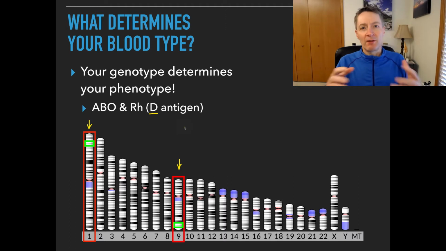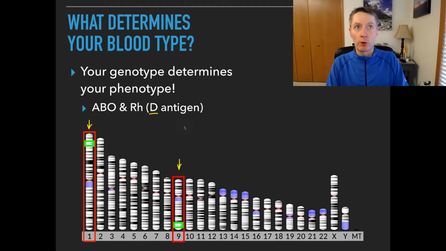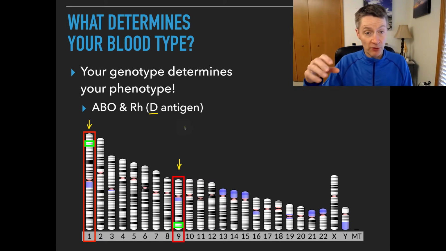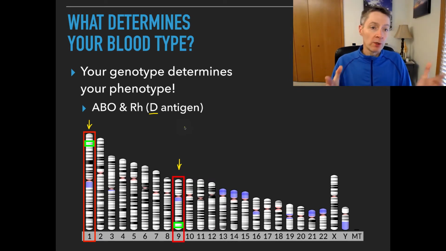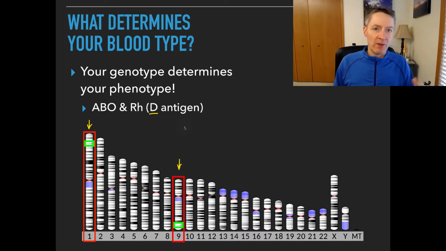You could answer this question in two ways. You could say it's the genes that are coding for these surface markers, these antigens that exist on the surface of red blood cells. Or you could just say it's the antigens on the red blood cells that determine your blood type. But I would like you to understand that behind the scenes, it's the genes that are doing this.